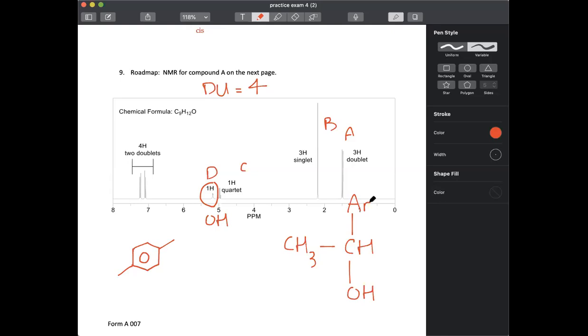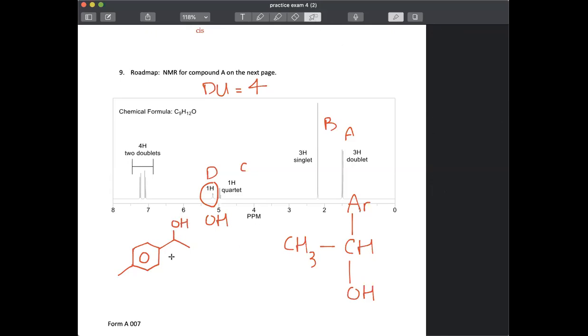There's no other possibility. This is also going to be attached to the ring. That makes sense because on the other side, we have a 3H singlet, a methyl that's a singlet and a little bit more downfield than a normal methyl. So we know this is also attached to the ring. So we have this as our structure. I hope everyone got that. Any questions on how I constructed this?